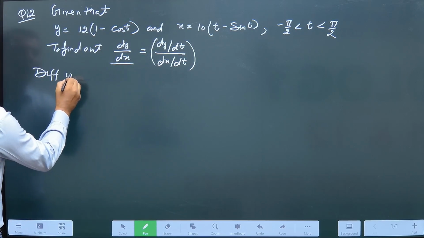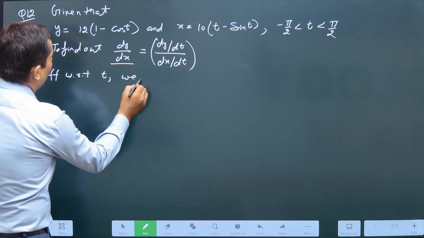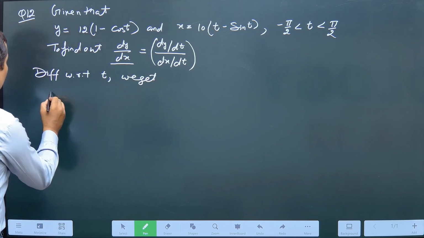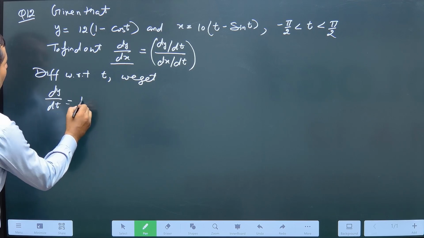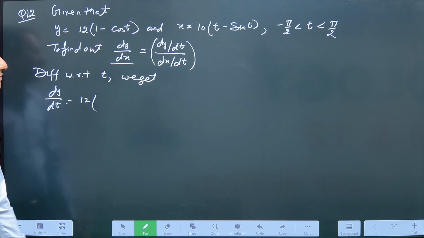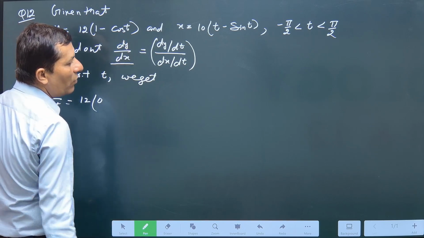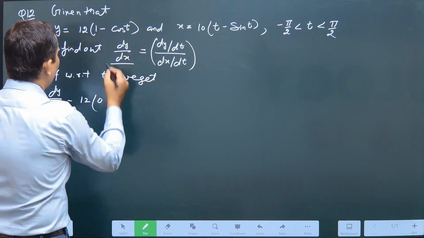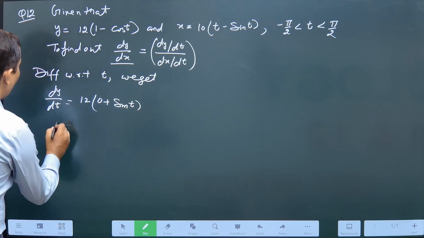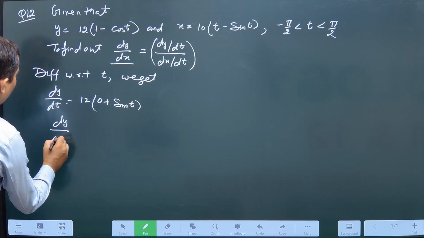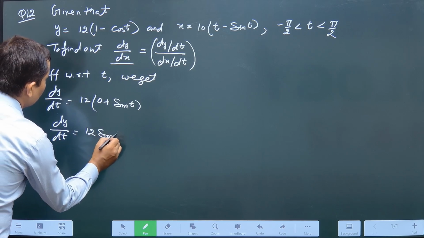Differentiation with respect to t, we get, so your dy upon dt is equal to 12. 1 is constant, its derivative is 0. Cos t, derivative of cos t is minus sin t, minus times minus is plus, that is the reason sin t. So dy upon dt is equal to 12 sin t.